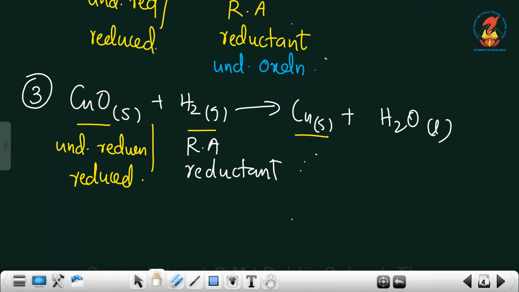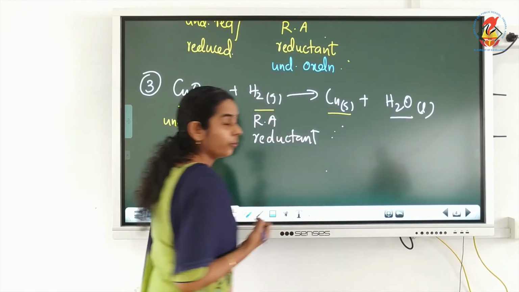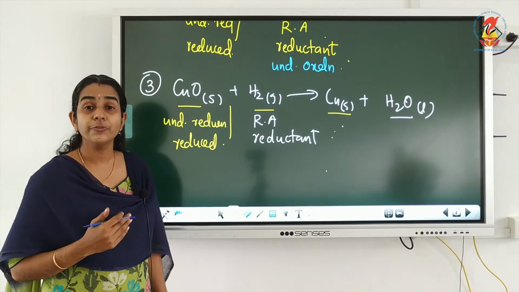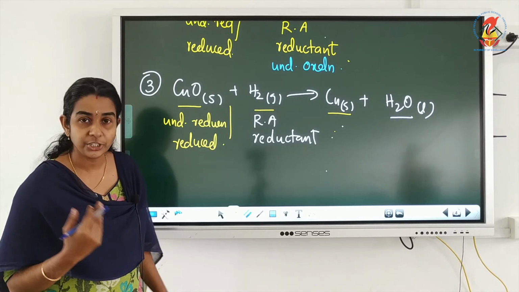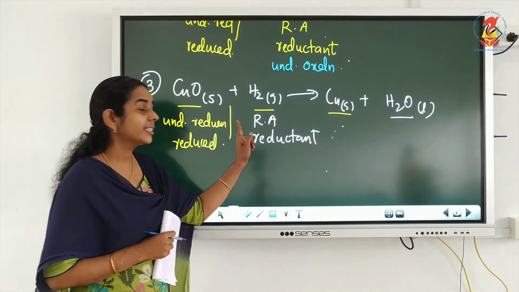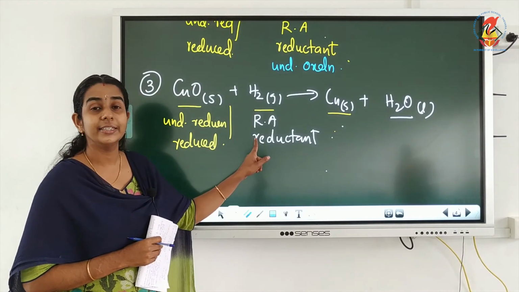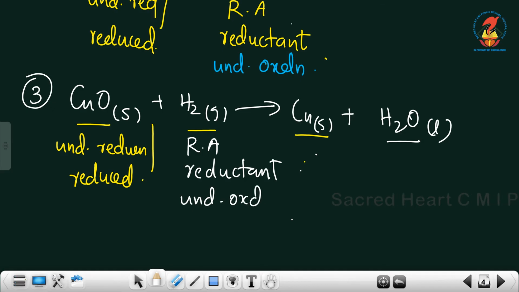And see what happens to H2 here. H2 is getting converted to H2O. How does H2 become H2O? By the addition of oxygen, and addition of oxygen we call oxidation. So H2 is acting as the reducing agent, the reductant, undergoing oxidation.